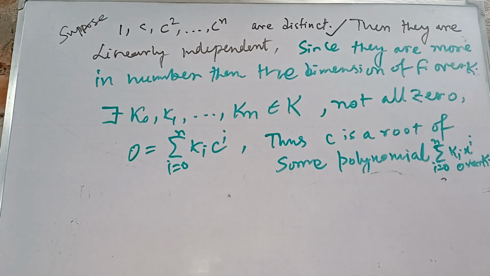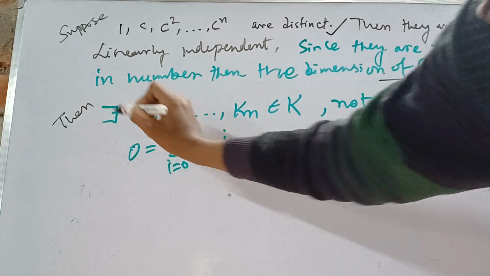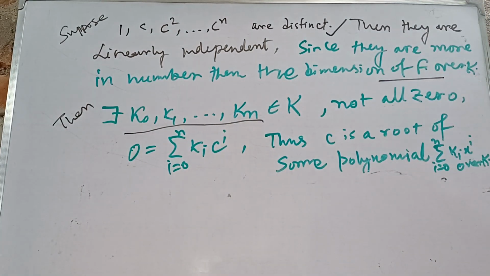But since they are more in number than the dimension of F over K, then there exist c_i belonging to K, not all 0.